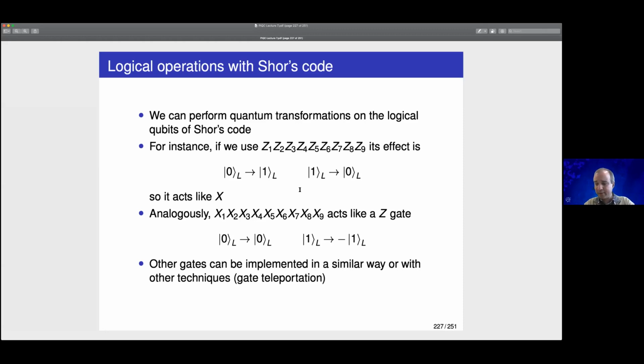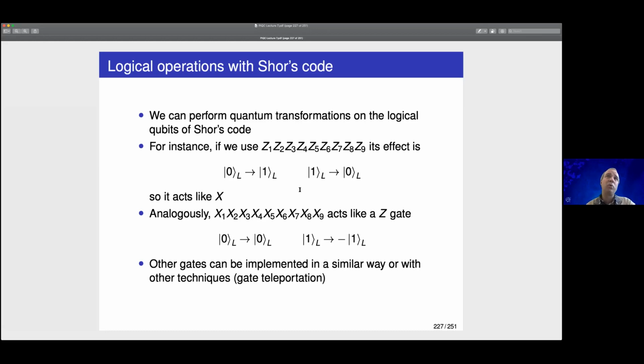There is a theorem called the Eastin-Knill theorem that says that in any quantum error correcting code, you cannot implement all the logical gates that you need for universal computation as transversal gates. There is at least one of the gates that you need in order to have universal computation that cannot be done transversally. And then you have to apply other techniques.